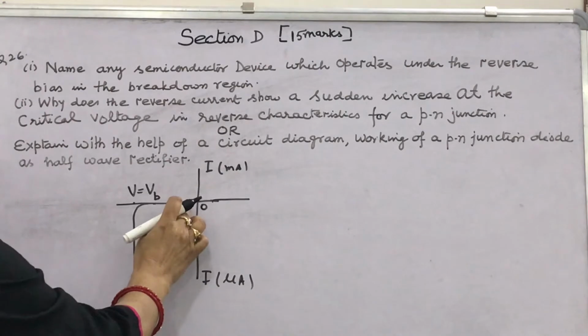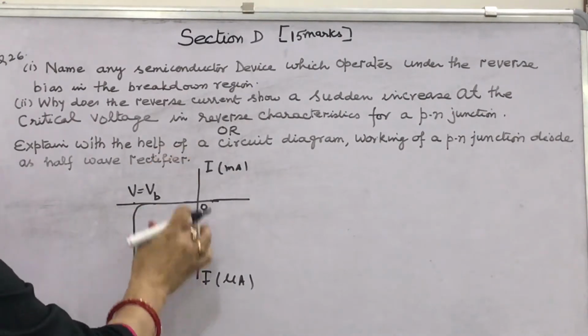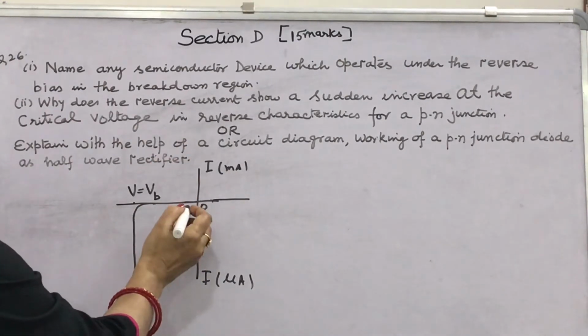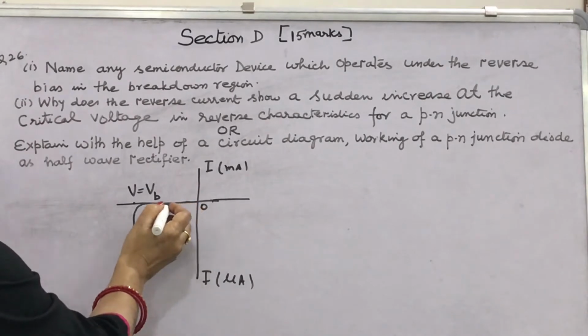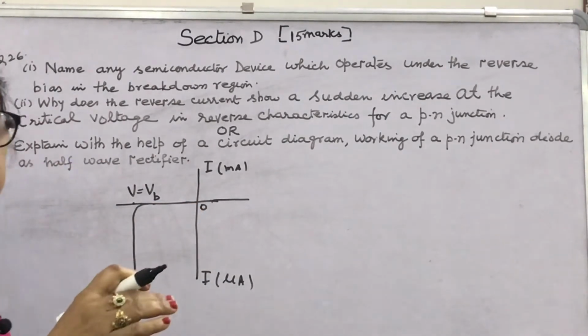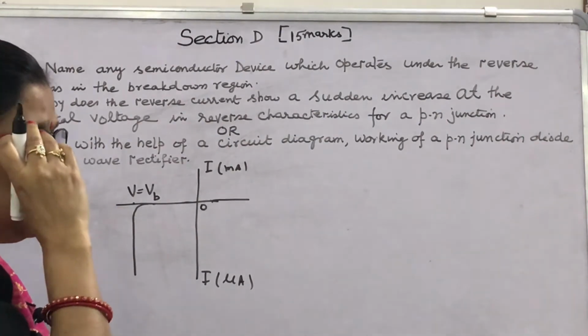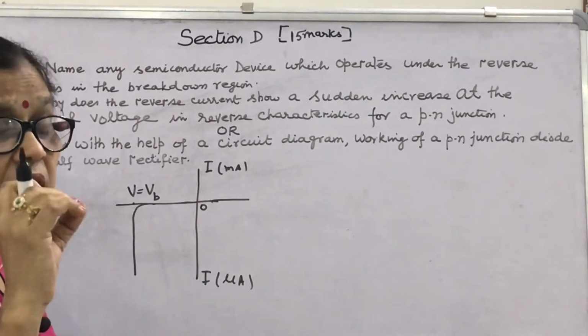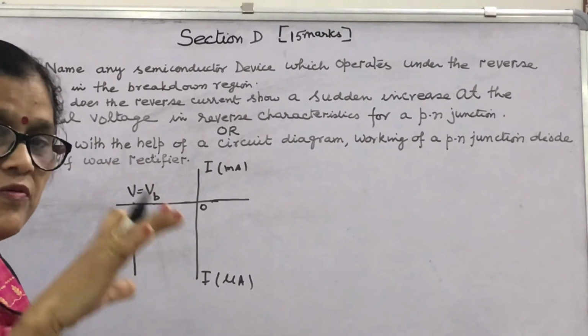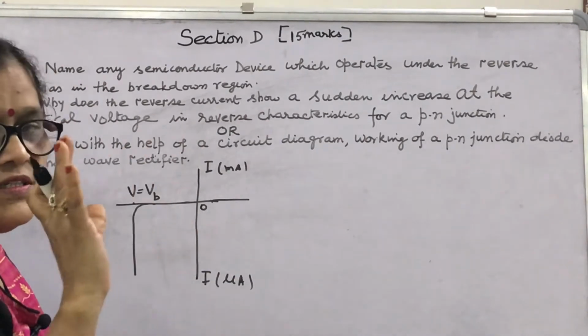In reverse biasing of the PN junction, when voltage increases, what happens? In a reverse biased PN junction, current flows due to minority charge carriers, while in forward biasing it is due to majority charge carriers.